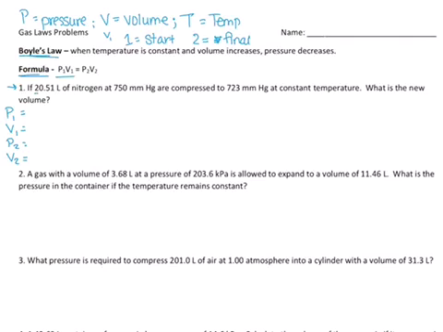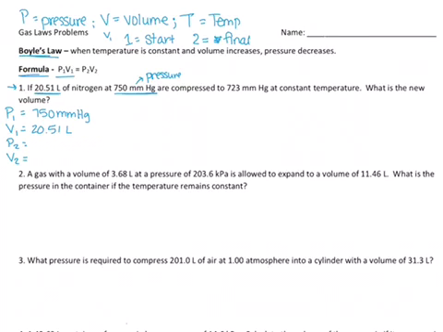We're starting with 20.51 liters of nitrogen. Liters indicates that it's a volume. And then we have 750 millimeters of mercury. Millimeters of mercury is a unit for pressure, and so we can plug that into our starting pressure.